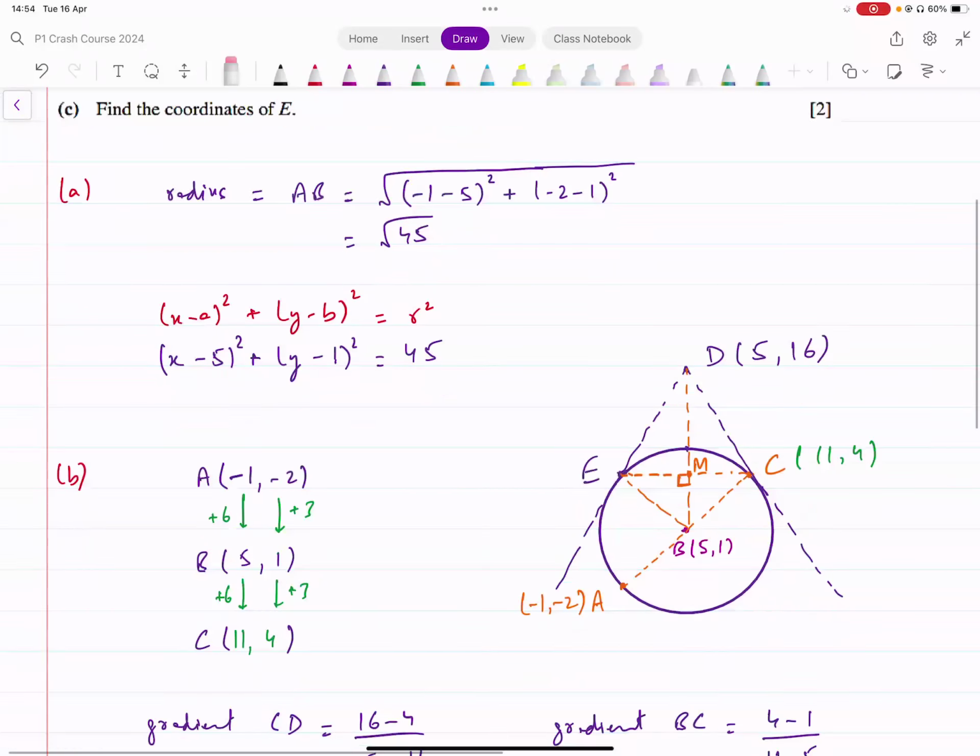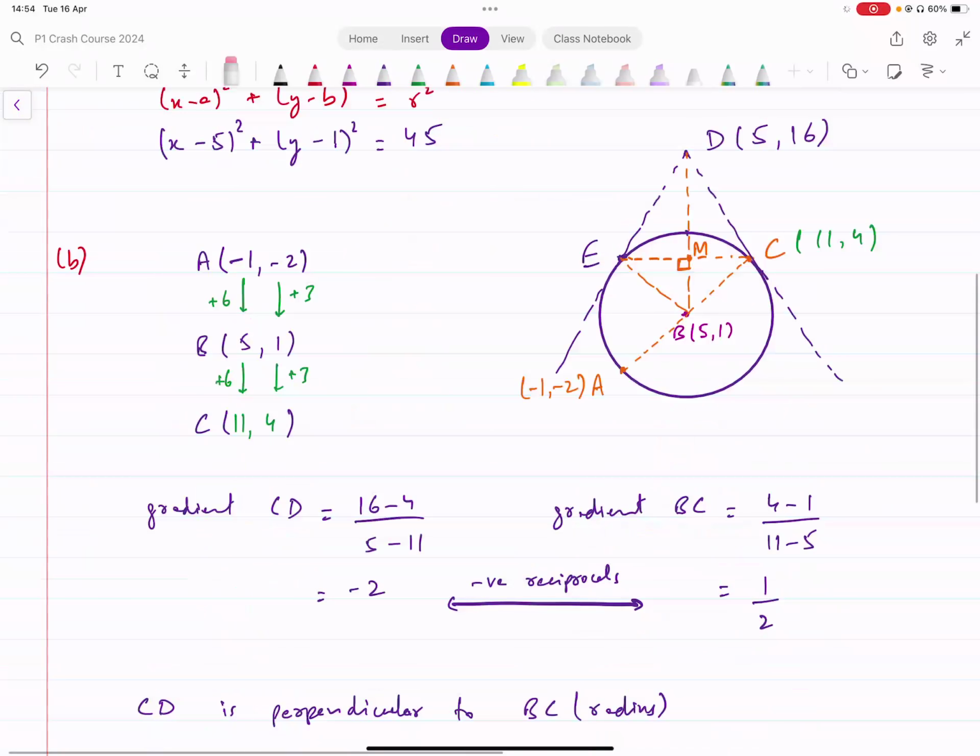How can we do that? Well, think about it. If M is the midpoint, do we know the x coordinate of M already? We do, because this point has x coordinate of 5. So the x coordinate of M is also going to be the same. Right?